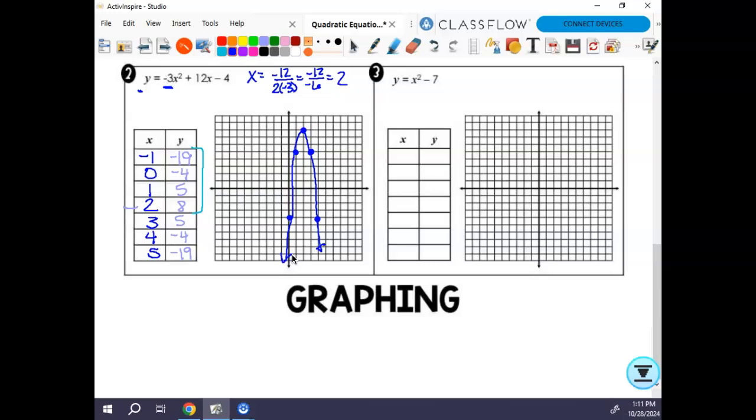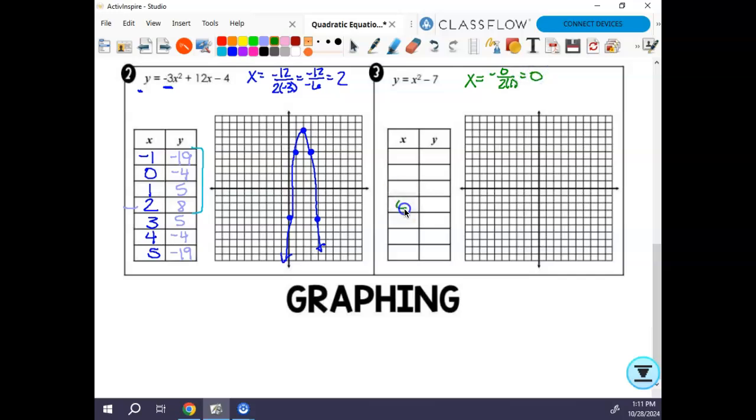But if we were going to actually go find this, then we would have x equals negative b over 2a. What is b? A is 1. What's b? 0, because it's not there. So I have negative 0, which makes no sense, but negative 0 over 2 times 1, that's just 0. Okay?